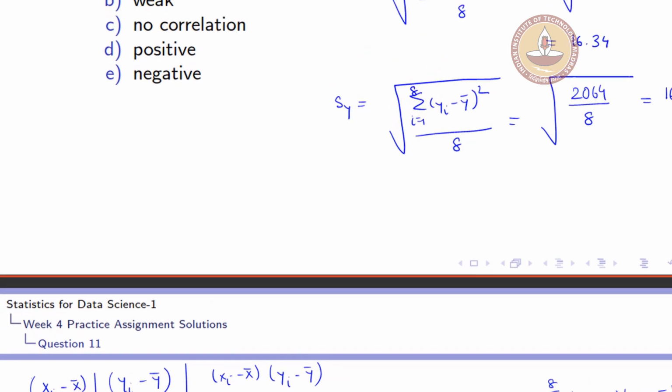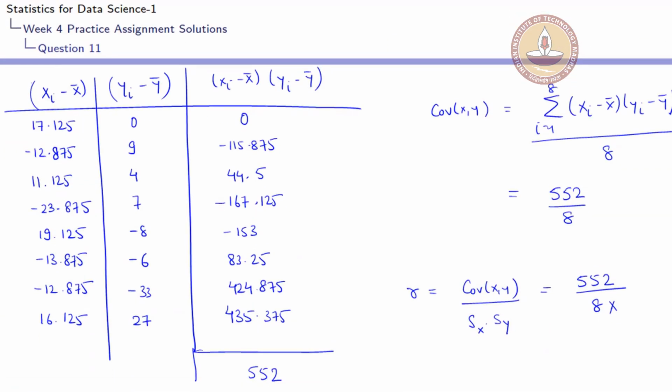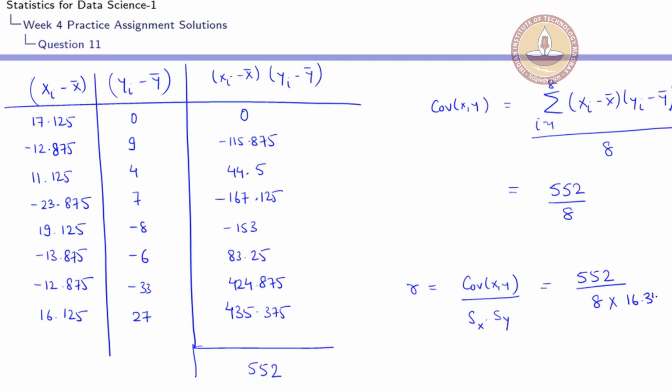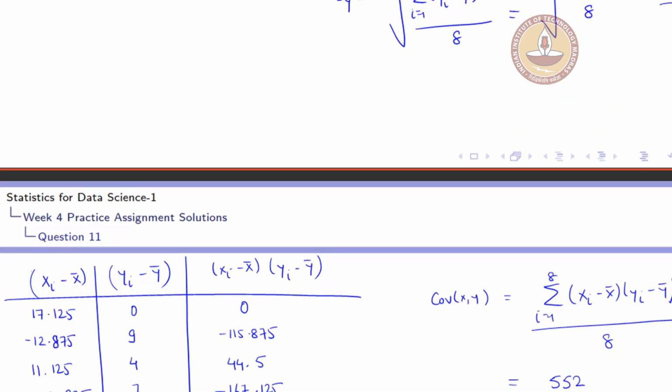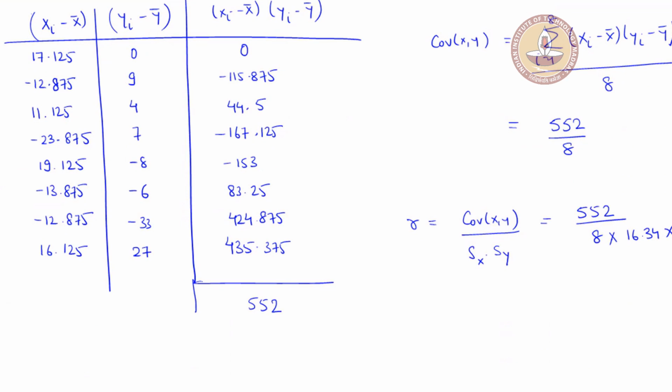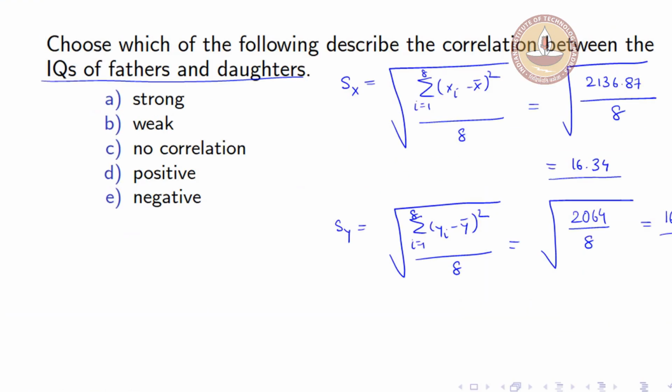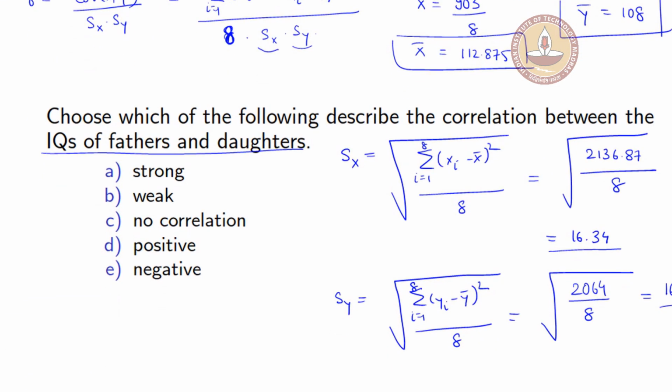S of x is 16.34, and S of y is 16.06. So after calculation, you will get R is equal to 0.26. So the value of correlation coefficient is 0.26.